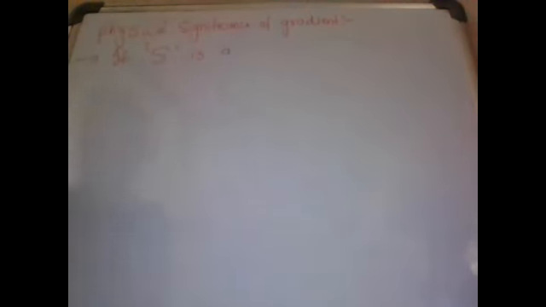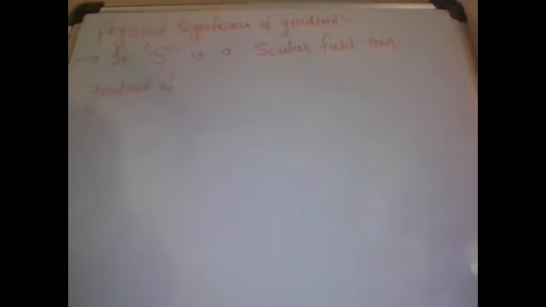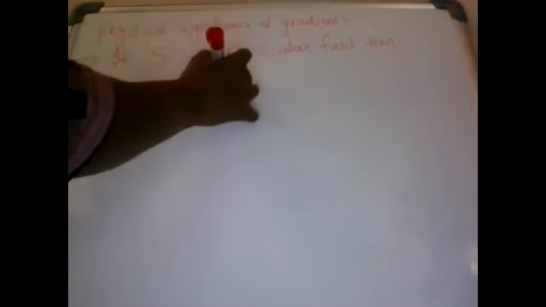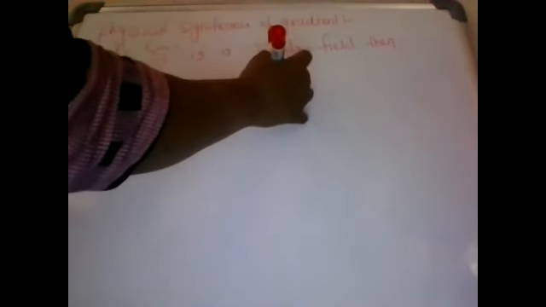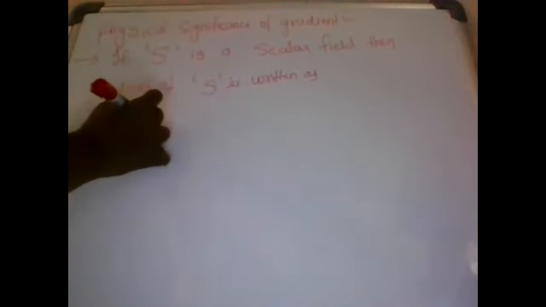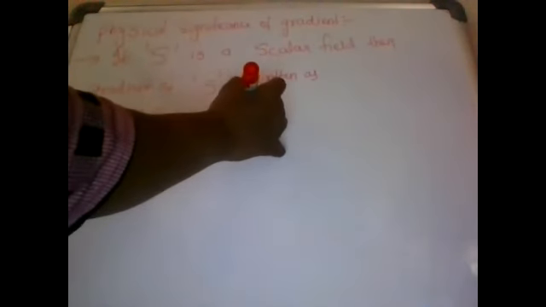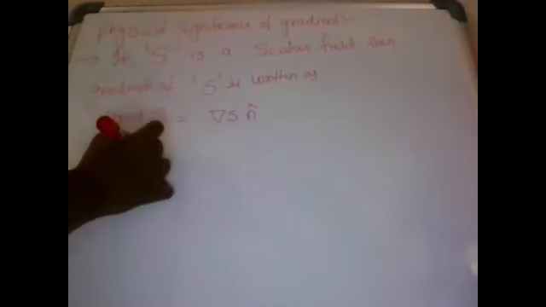If S is a scalar field, then gradient of S is written as gradient of S equal to del S into n cap, where n cap is a unit vector.